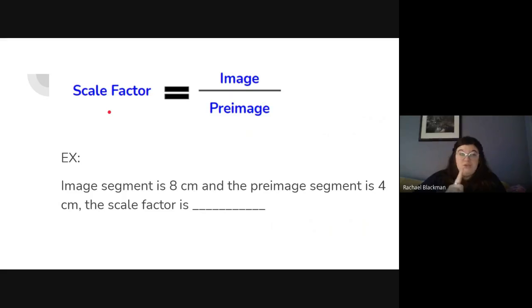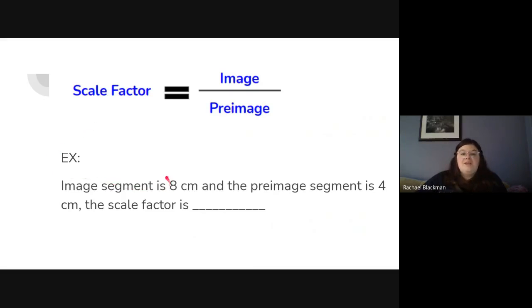Okay, so again, you just wrote this down. Scale factor equals image over pre-image. For example, let's say that your image segment is 8 centimeters, right? That's the segment after the transformation. Your pre-image, your original segment, was 4 centimeters. So your scale factor has to be your image over your pre-image.